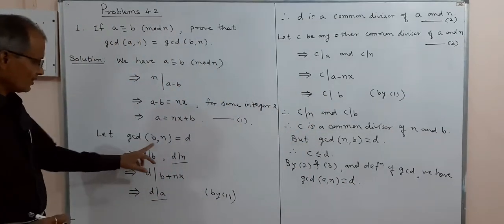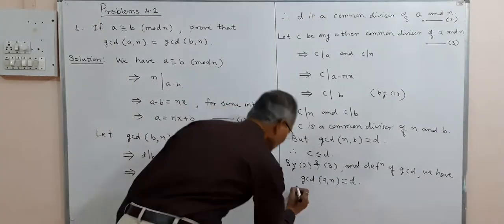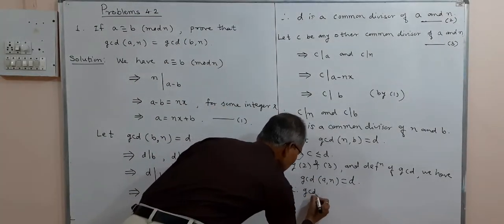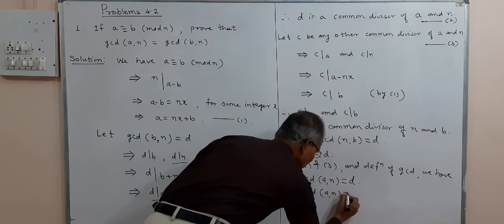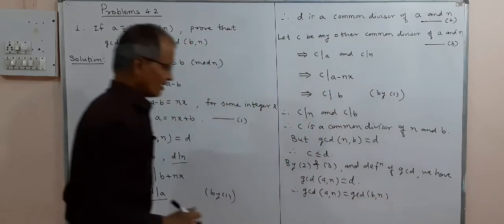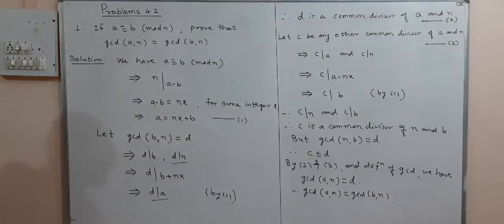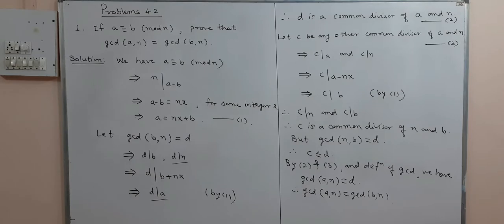So GCD of b and n is d, GCD of a and n is equal to d, and therefore GCD of a and n is equal to GCD of b and n, and this completes the solution of the first problem.